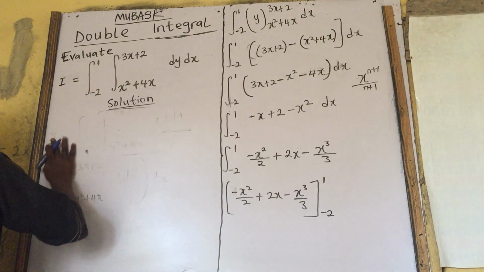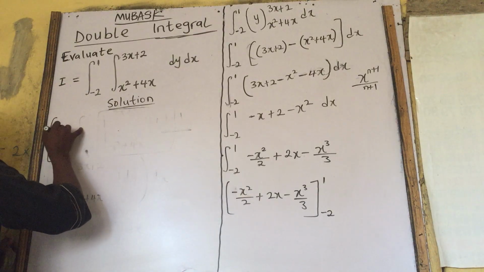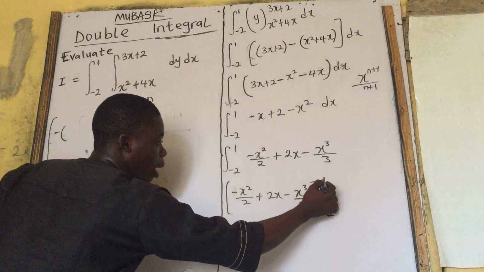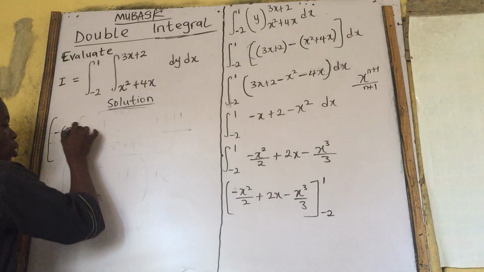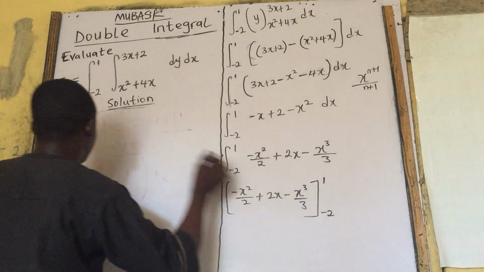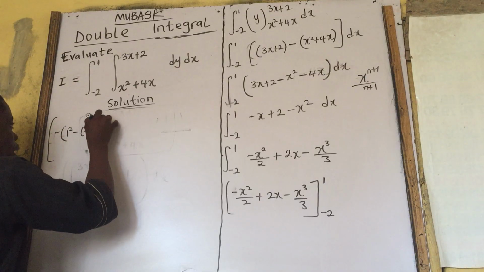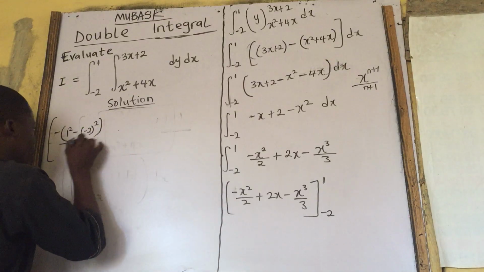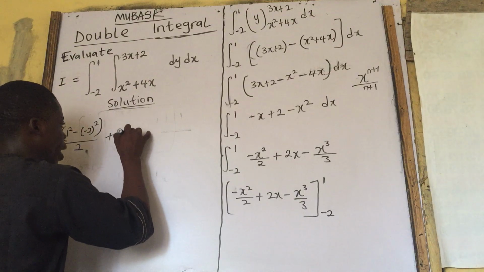Now, open bracket minus another bracket open. What is our upper limit? Our upper limit is 1. 1 squared minus, our lower limit is minus 2. Open bracket minus 2, close bracket, square, close bracket, divided by 2, plus 2x.